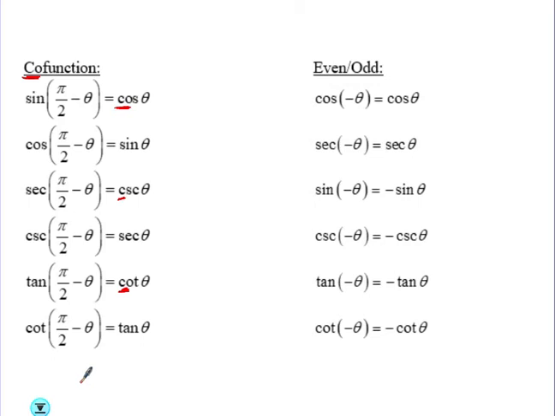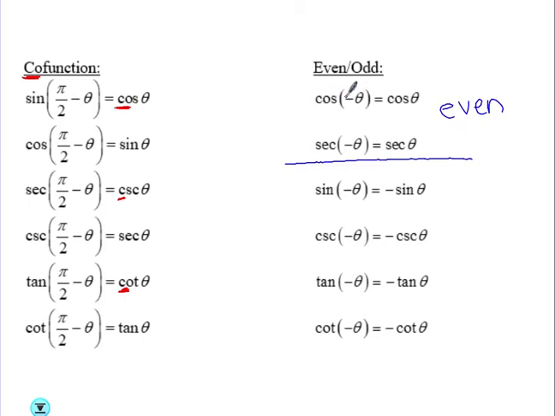Next, we have the even and odd identities. We discussed even and odd functions earlier in the year. Cosine and secant are considered even identities.